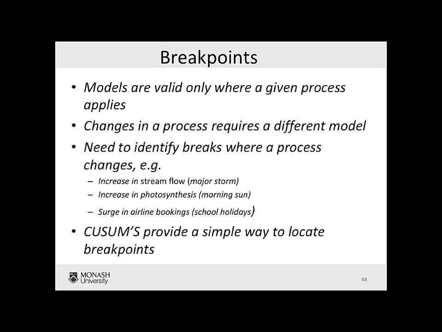For example, if a storm is going to happen, or there's a very periodic thing that happens over time, one of the things we can do is the cumulative sum of squares. I don't like the name, but it's a simple way to locate these breakpoints.